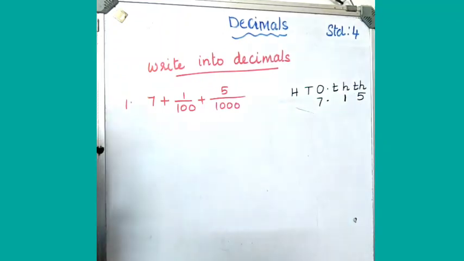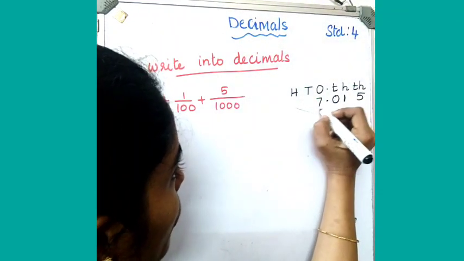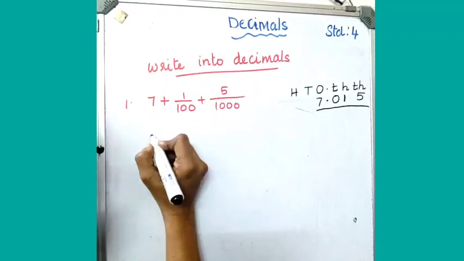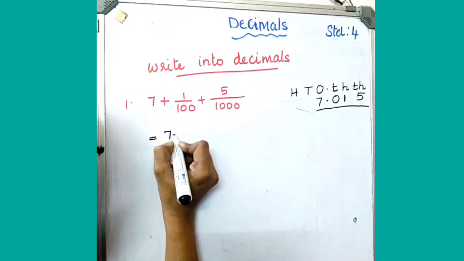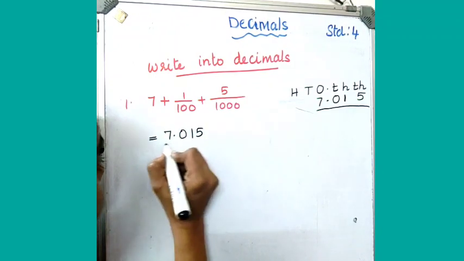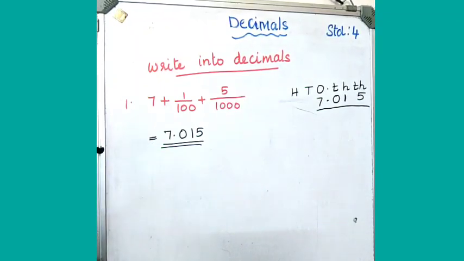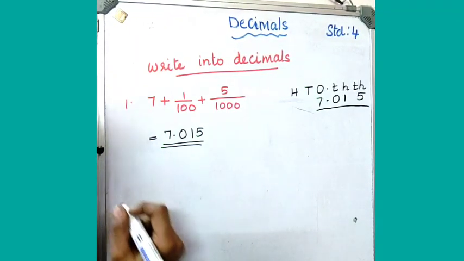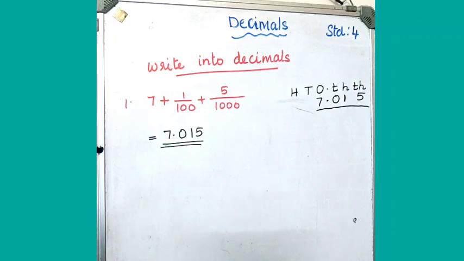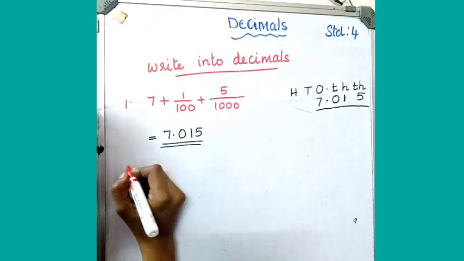The 10th place is missing, so we have to put 0 here. So the number is equal to 7.015. Please write the answer here. Then only you will get the mark.